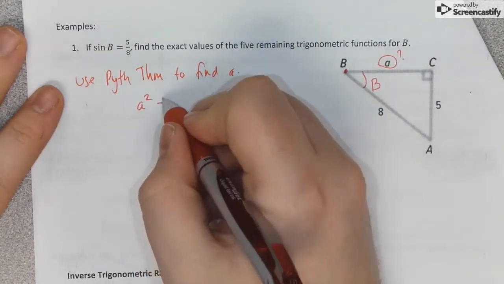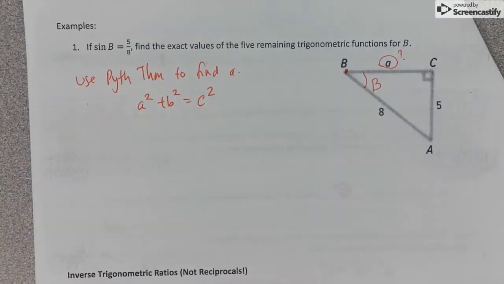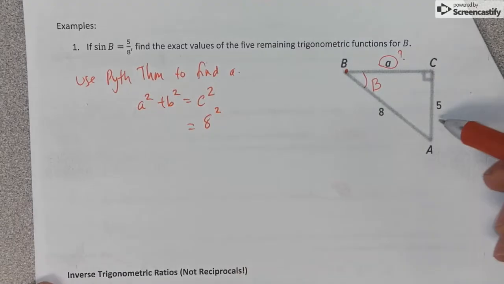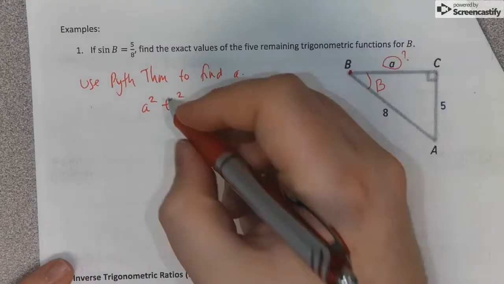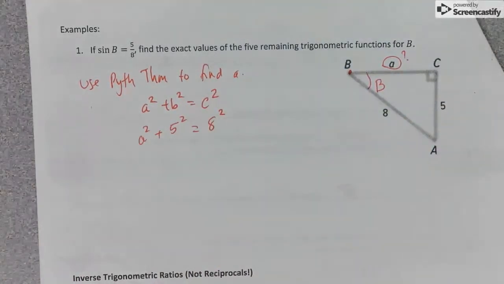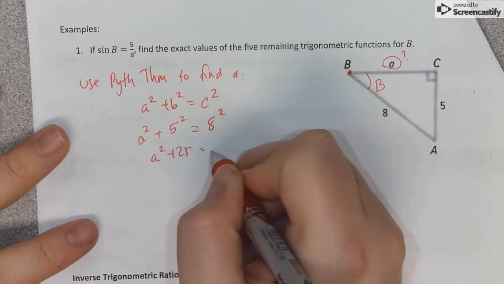So this will be a squared plus b squared equals c squared. I know my hypotenuse is 8, and I know my little b value is 5. So that leaves me with just plugging this in. a squared plus 5 squared equals 8 squared. This will be a squared plus 25 equals 64.